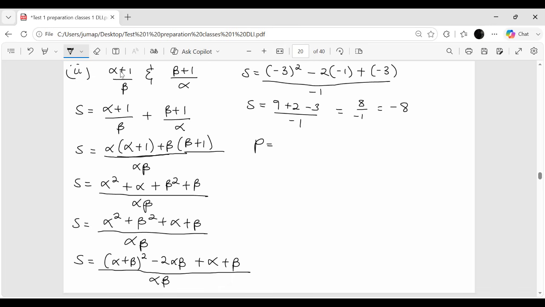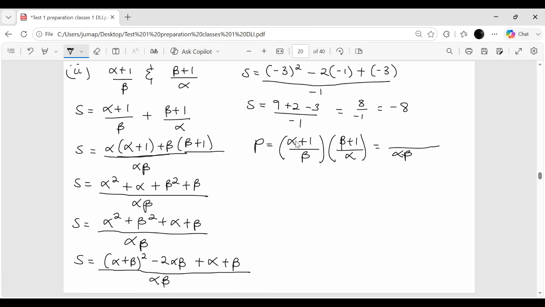Now let me find my product. I'll just get the same roots they've given me, which is alpha plus 1 over beta, then I'm multiplying it with beta plus 1 over alpha. As a result, these will multiply at the bottom, it's going to be alpha beta.